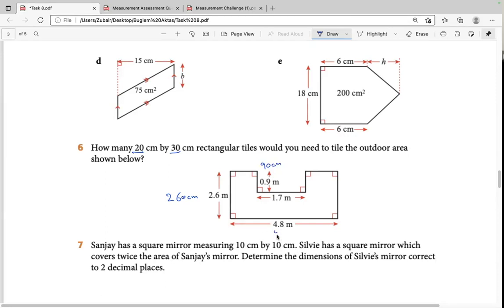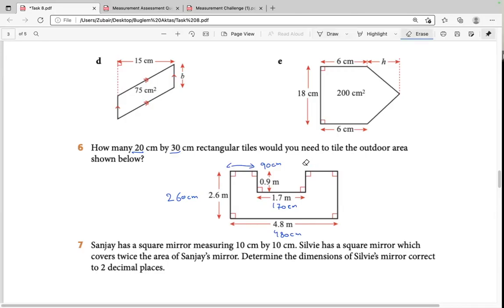This is 4.8, that would be 480 centimeters. Now I'm going to write the missing lengths. That is 1.7, which is 170 centimeters. And we are not sure what these two lengths would be because no separation is given.